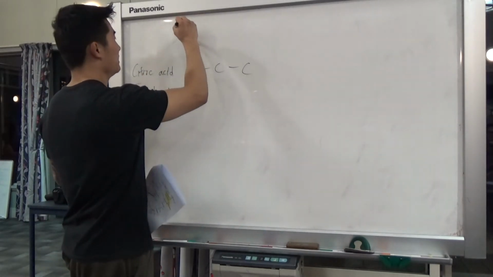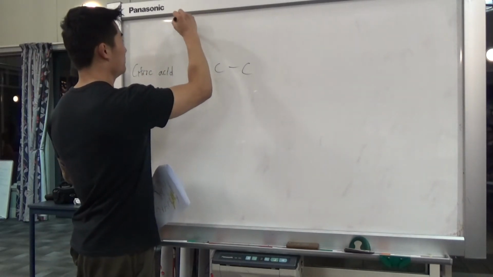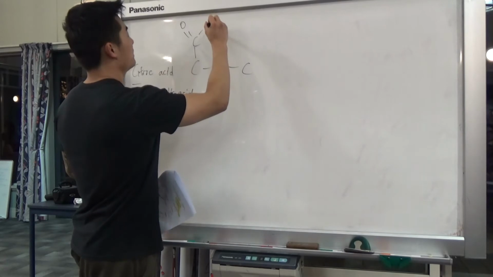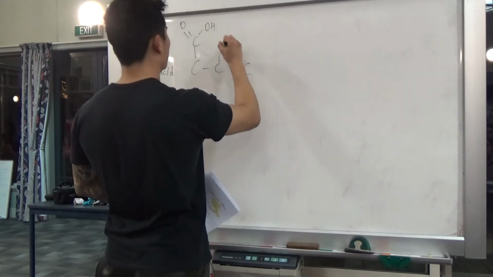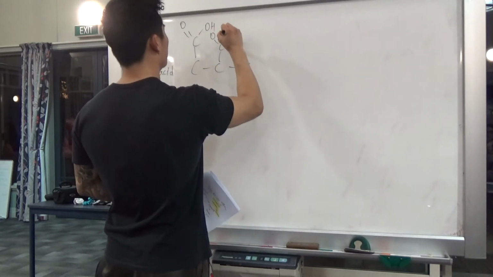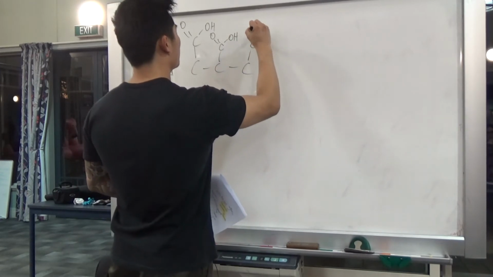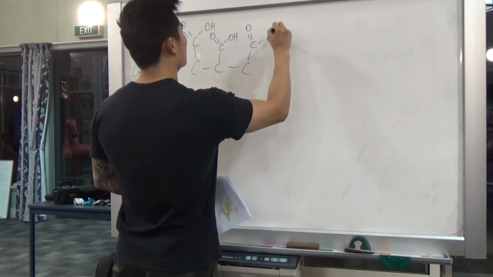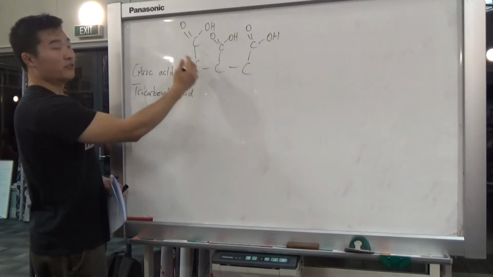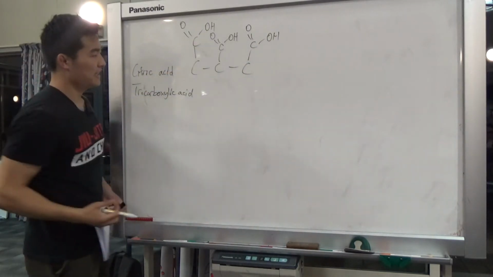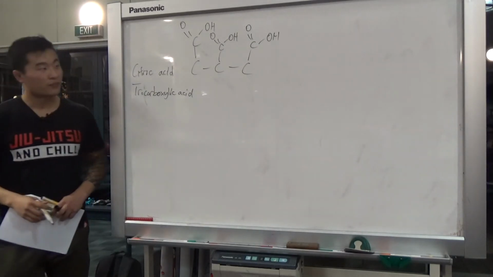Remember, a carboxyl group is this one. So there's 3 carbons with 3 carboxyl groups attached. So that's citric acid.